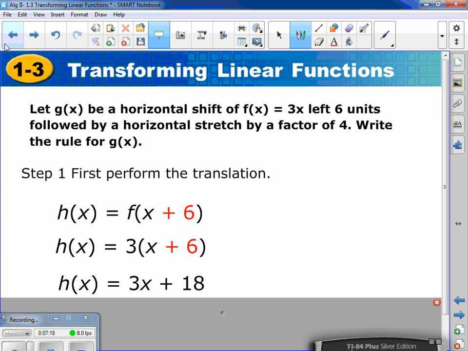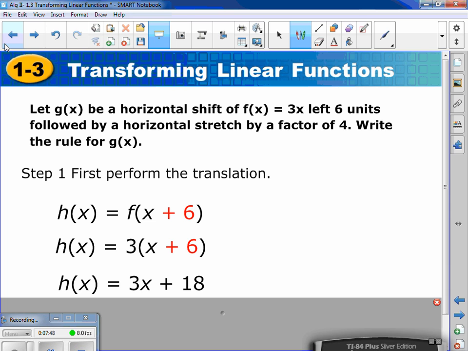Now we need to do the horizontal stretch by a factor of 3. Horizontal stretches, how does that affect the problem? How does a horizontal stretch affect the function? What's the rule? You multiply by the reciprocal of whatever your scale factor is.